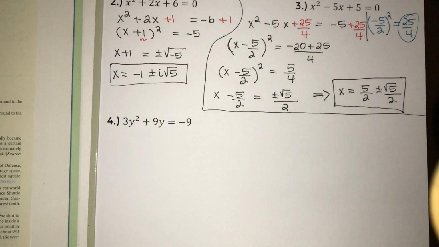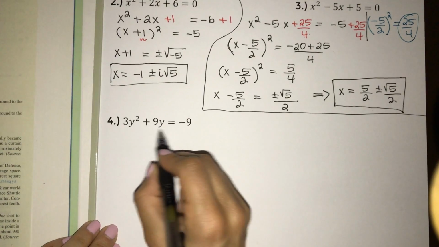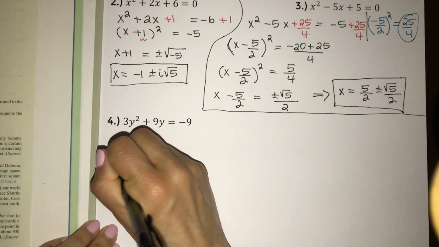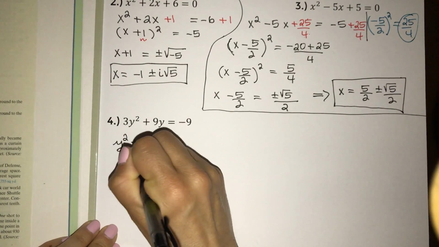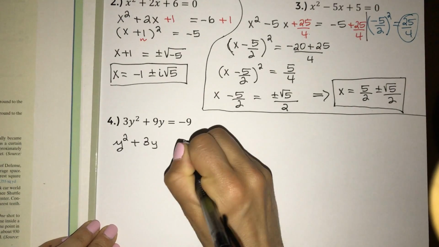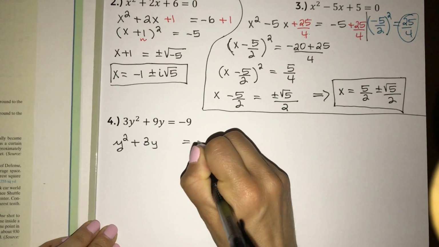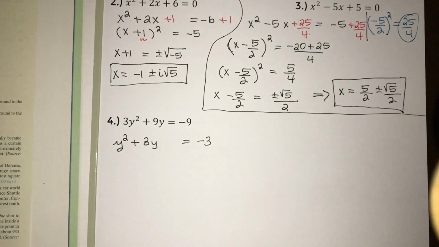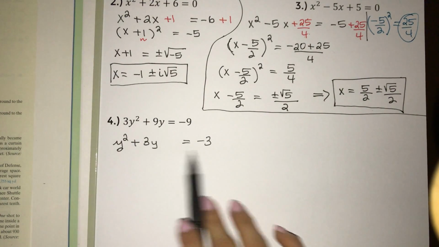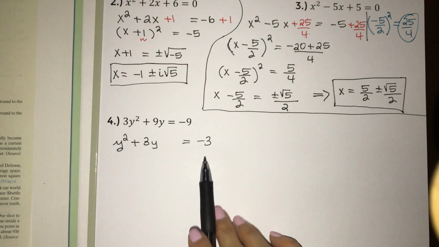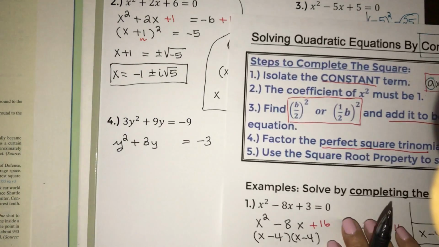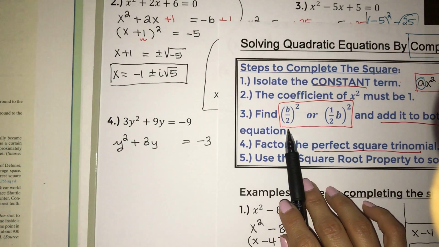So we have to do it. So if you happen to divide everything here by 3, we just get y squared plus 3y is equal to -3. So that's what we get. And then from here, now this is set up already to do step 3, which is find b over 2 squared.